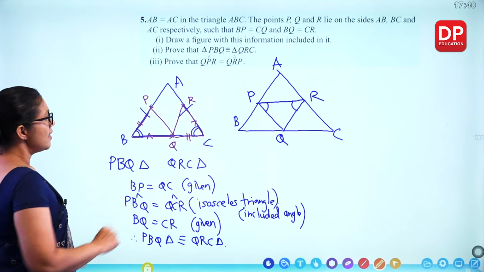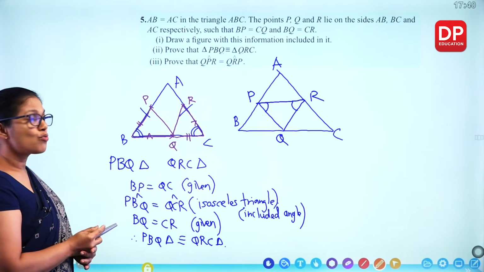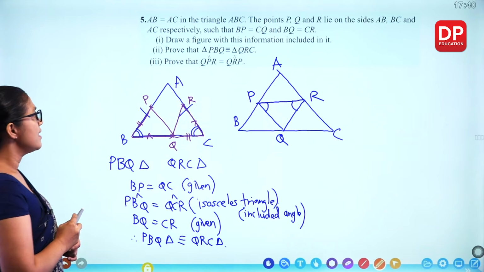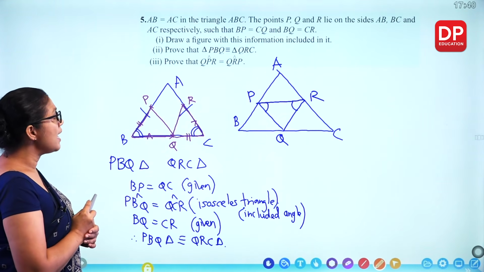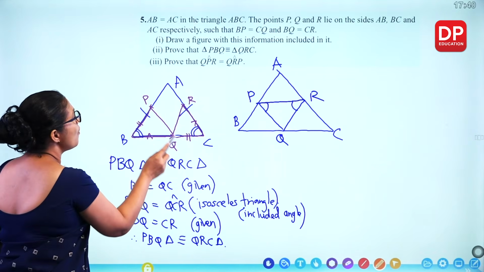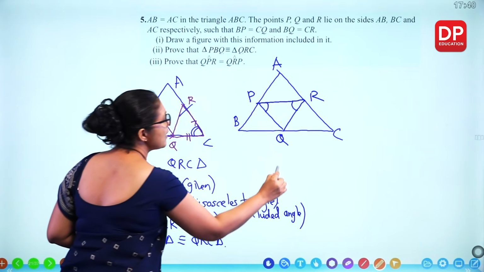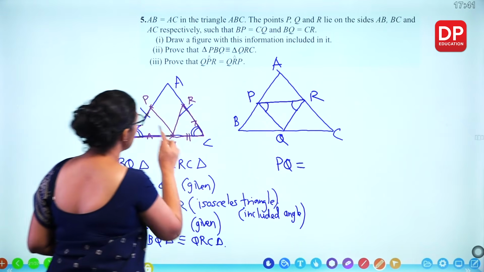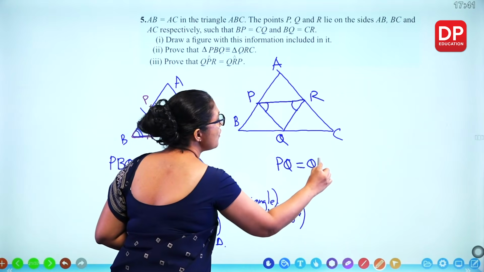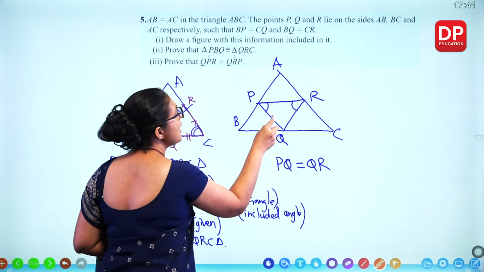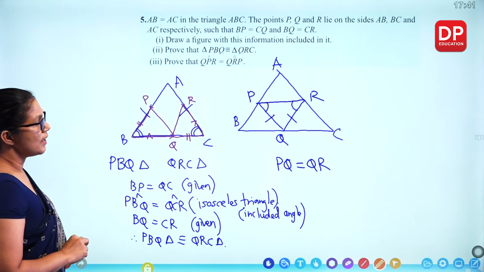So here, from the previous part, we found out these two are congruent triangles. If these are congruent, what are the corresponding elements that are equal? We can see opposite to this double line angle is PQ. We can say PQ is equal to, opposite to the double angle, QR. So we can see this PR length and this length both are equal.